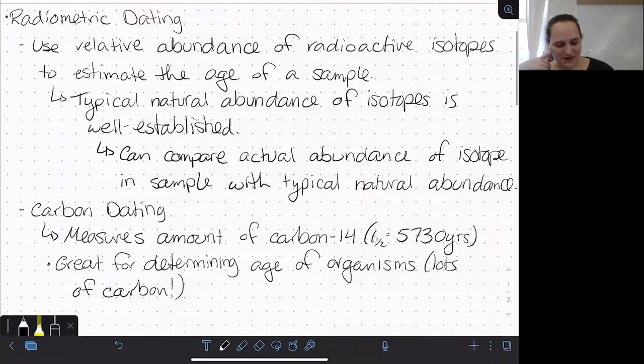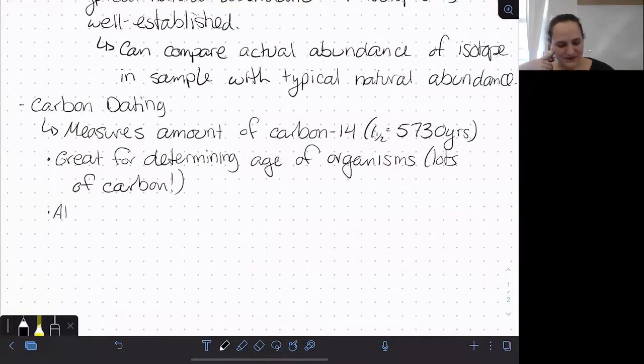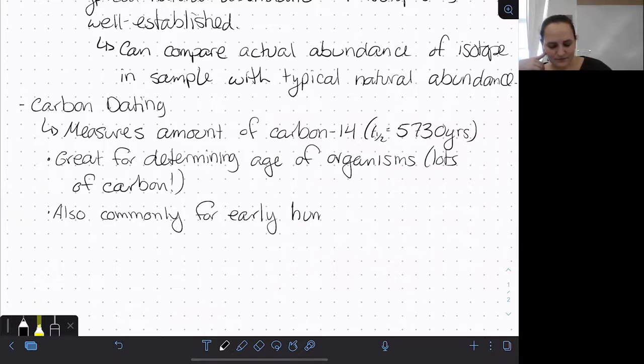This is also commonly used for early human artifacts. It generally works well for any samples up to about 60,000 years old or so.